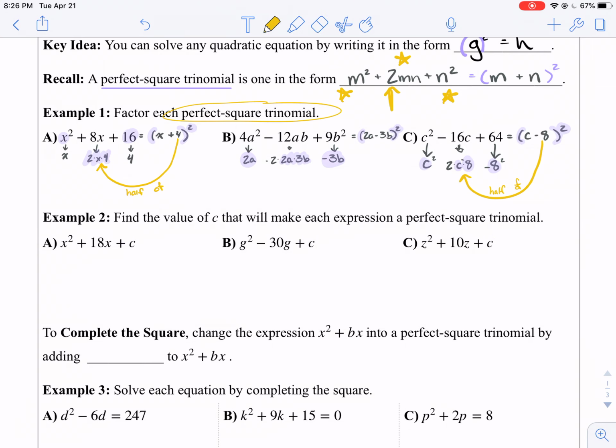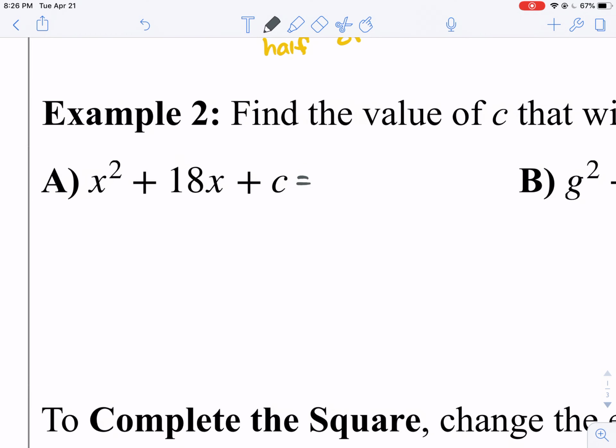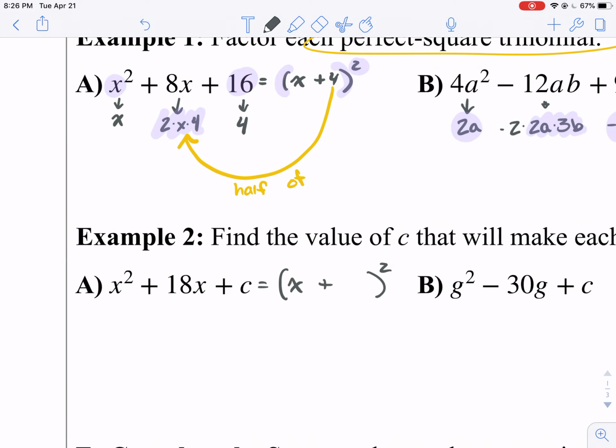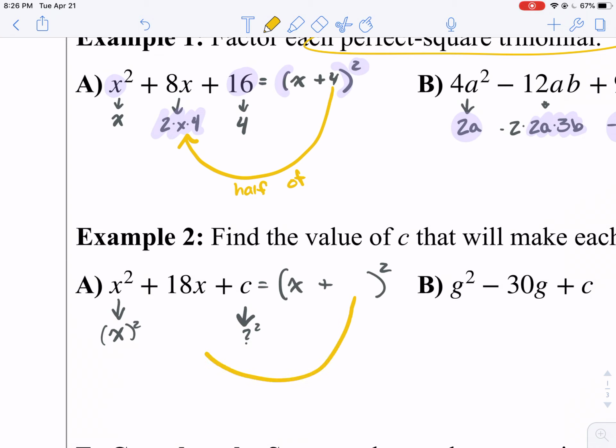We want this to be equal to x plus something squared, just like up here. This is going to split up into x squared. This needs to be something squared, but we don't know what. We do know, however, that whatever is here is going to be half of 18. And what's half of 18? Oh, 9.